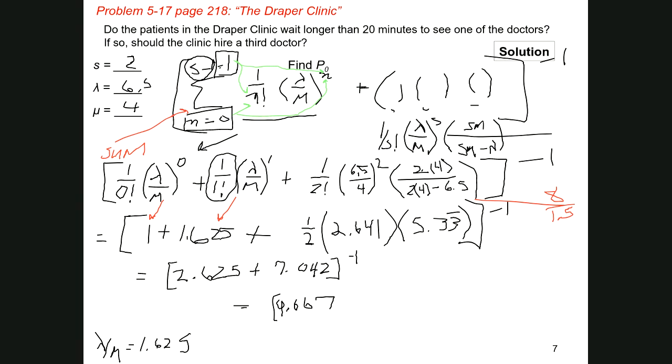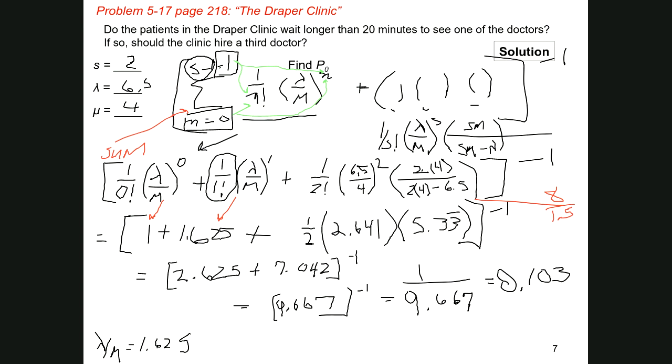Take the inverse of that. In other words, this is 1 divided by 9.667, which is 0.103.